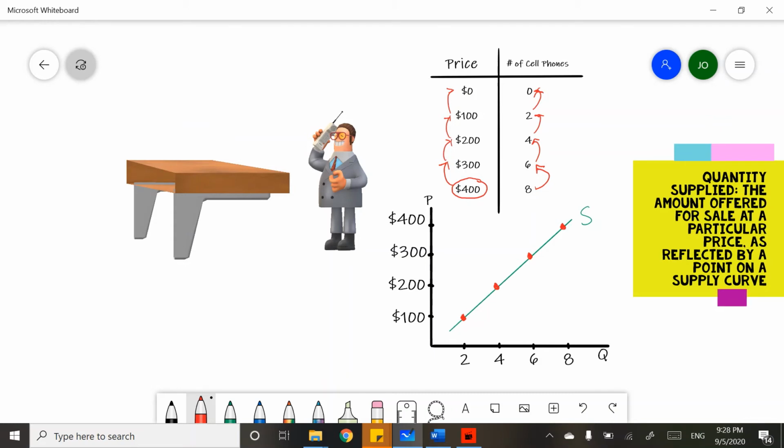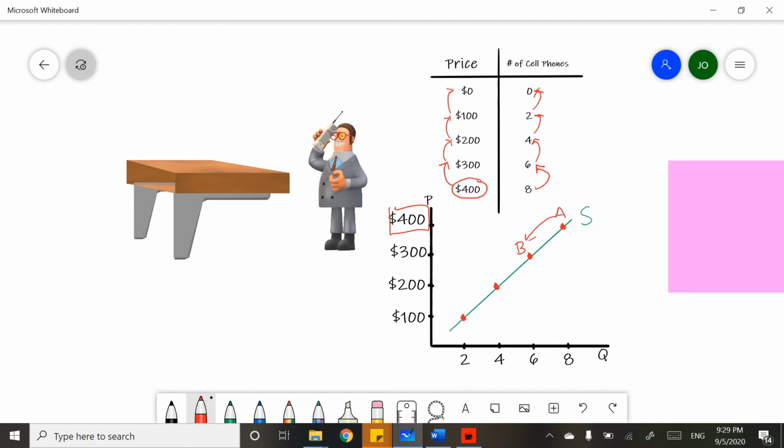This can also be represented by the points on the supply curve. If we start at a price of 400, we are at point A. If the prices drop to 300, we would move over to point B, and so on and so forth.